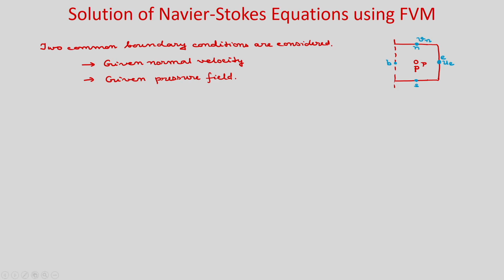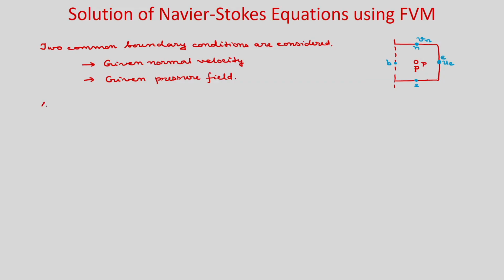Okay. So, you can see that if velocity is known at the boundary, then you can represent for the fluid flow problem inflow, where velocity will be specified at the inlet, outflow where velocity may be specified at the outlet, and the no slip walls where velocities are considered to be 0.